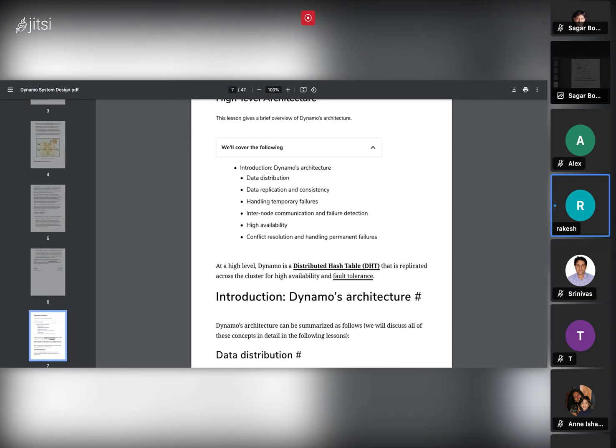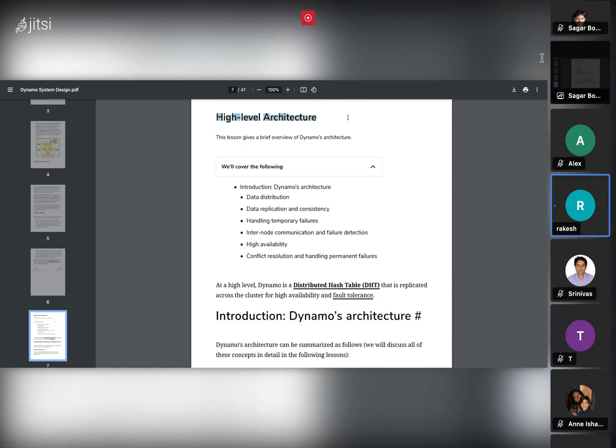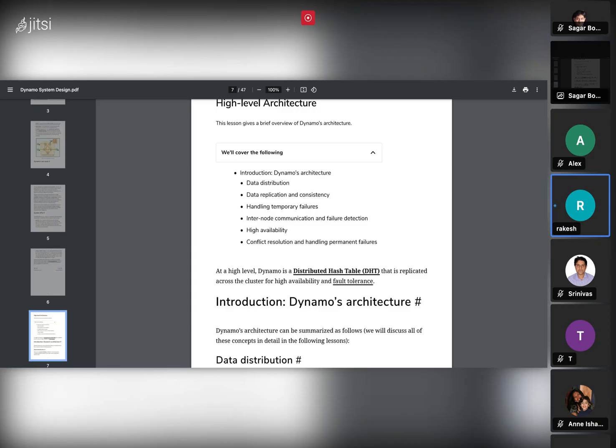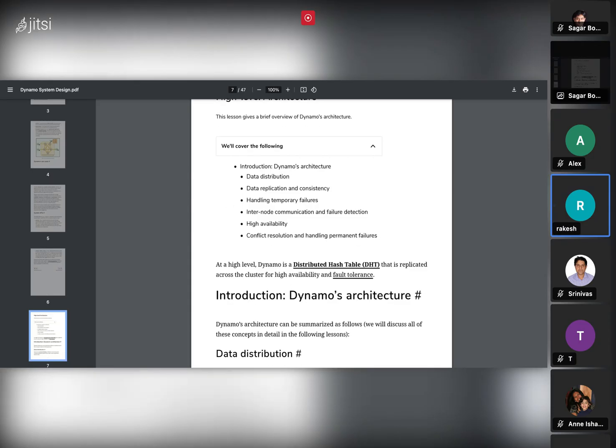From where do I have to read, the introduction to Dynamo architecture? Oh, high level design. Okay. In the high level architecture of Dynamo, first is data distribution. Second is data replication and consistency.